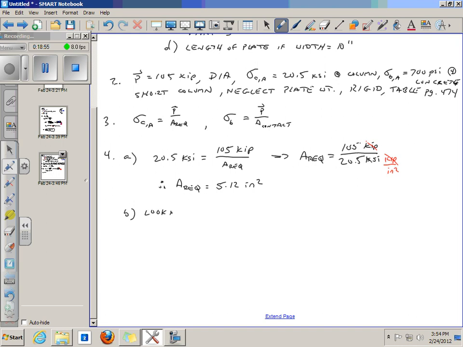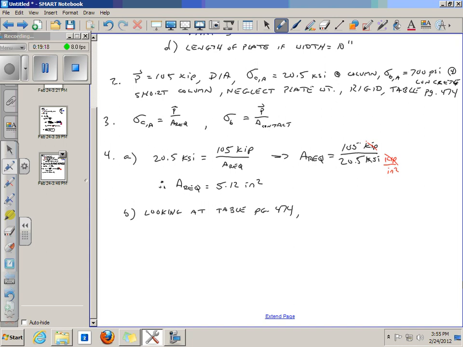Okay, so looking at the table on page 474. So flip back in your book while I write this. So let me look at my table on page 474. All right, there we go.